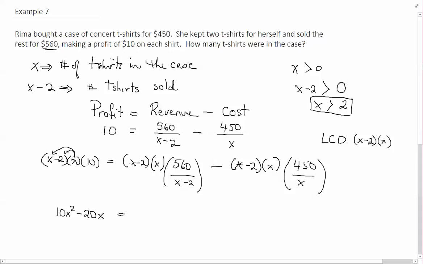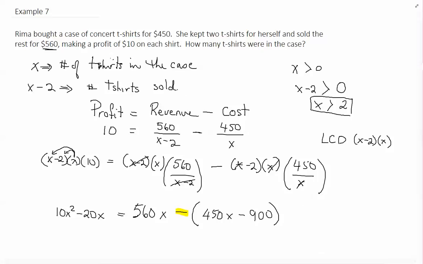So we're going to cancel the x minus 2, that gives us 560x minus, and our x cancels, and we have 450x minus 900. And we want to be very careful here because we are subtracting this whole piece, which changes the signs when we go to simplify.